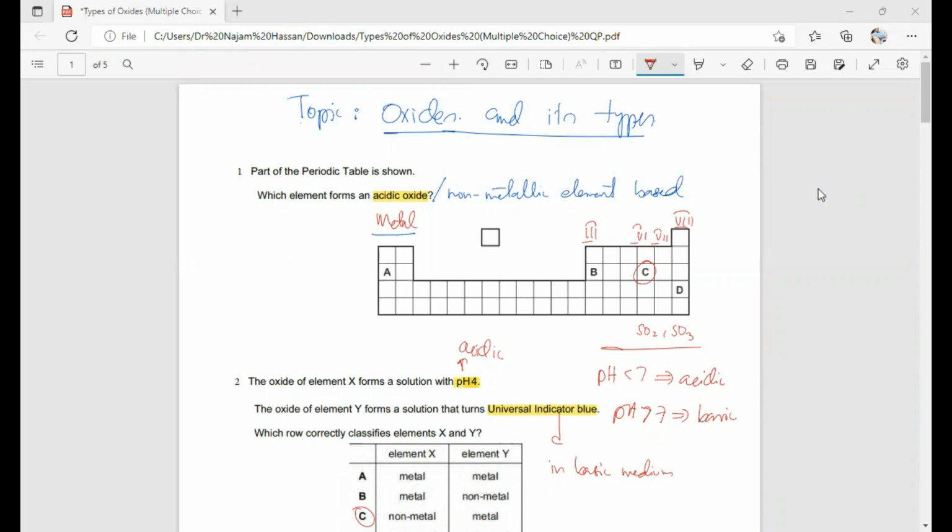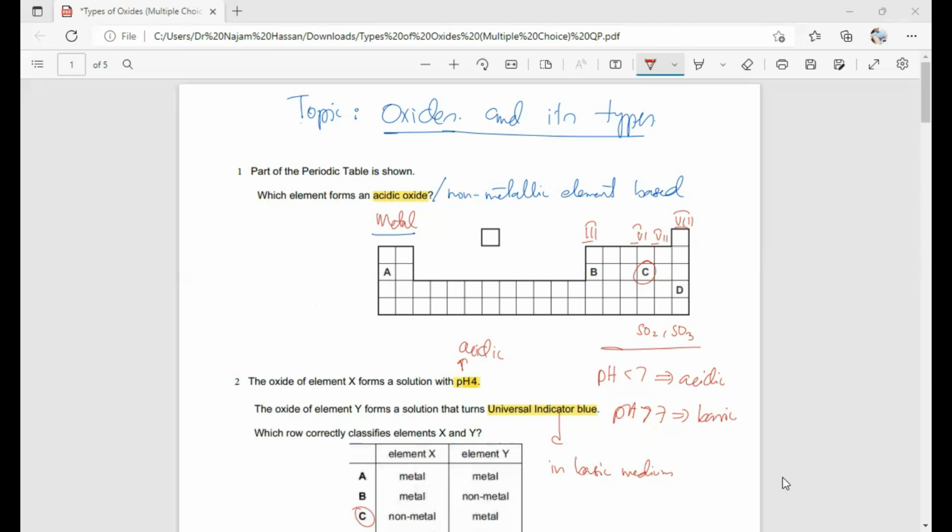In the periodic table we know well that the metals are found on the leftmost side, and once we move from left to right, the non-metallic character dominates. So usually non-metallic oxides are acidic oxides, and the common examples of acidic oxides are SO2 and SO3, which is found in group number 6. So in the first question, the answer is C.